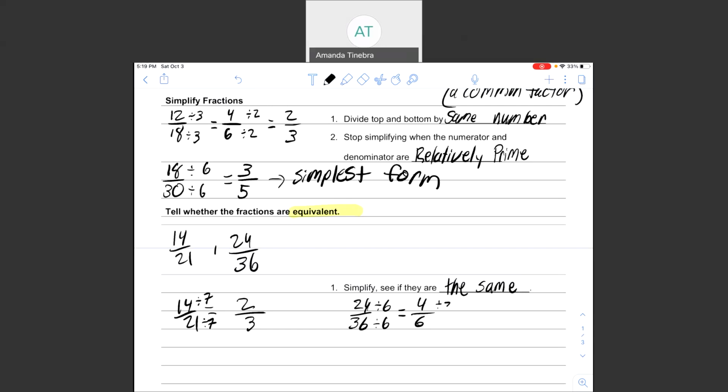That common factor is 2. Divide by 2, top and bottom. 4 divided by 2 is 2. 6 divided by 2 is 3. So now the two numbers that I ended up with are 2/3 and 2/3. So because those two are the same, they are equivalent.